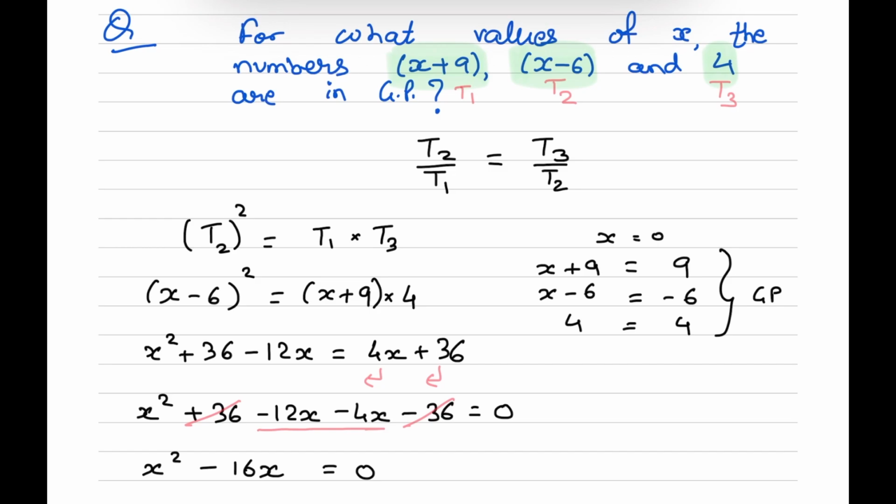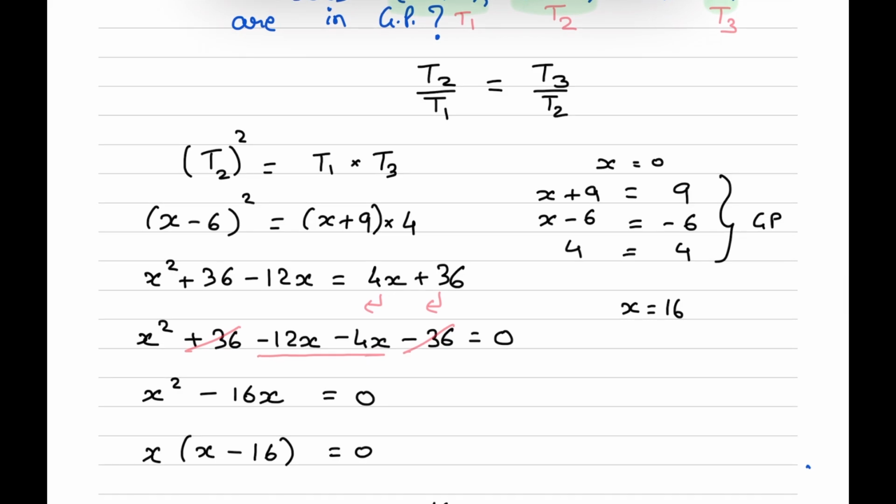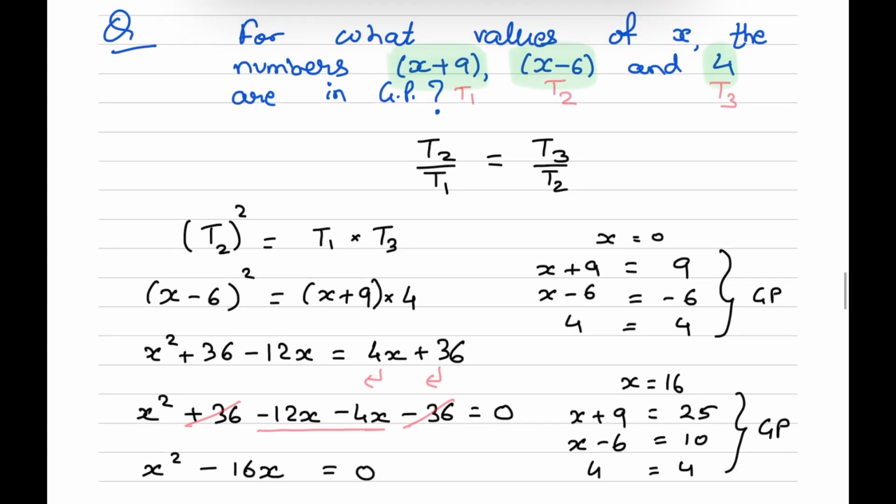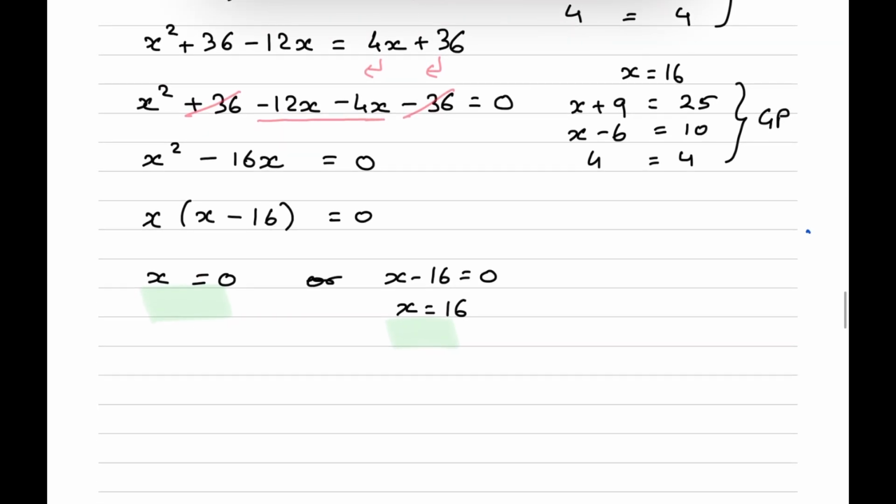Now if we use x equals 16, then the numbers x plus 9, x minus 6 and 4, that is 25, 10 and 4, they are also in GP. So for the question, for what values of x the numbers x plus 9, x minus 6 and 4 are in GP, the answer is x equals 0 and x equals 16.